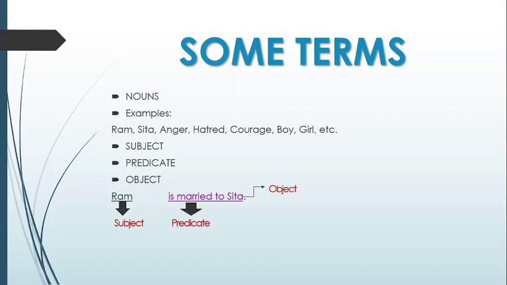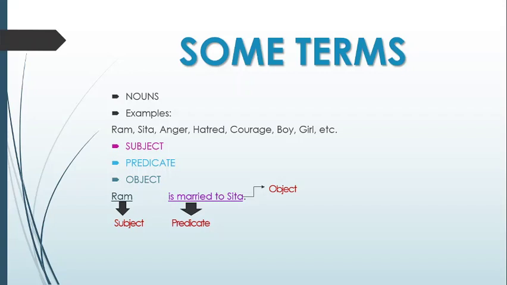Now, let us talk about something new. For example, subject, predicate, and object. What are these? You see, each and every sentence has two parts. One of the parts contains the main idea, person, place, or thing we want to talk about. We call this part the subject. On the other hand, the other part contains whatever we want to say about the subject.